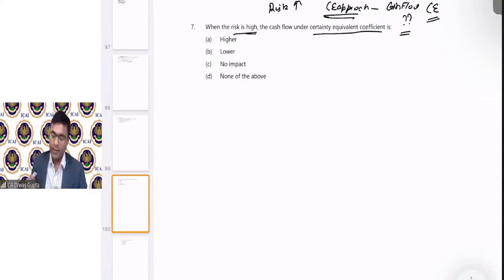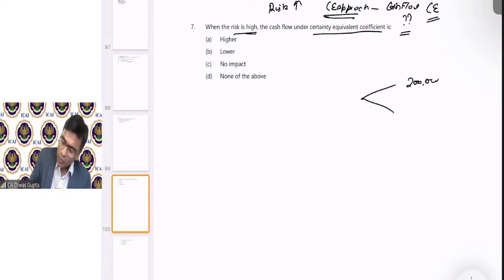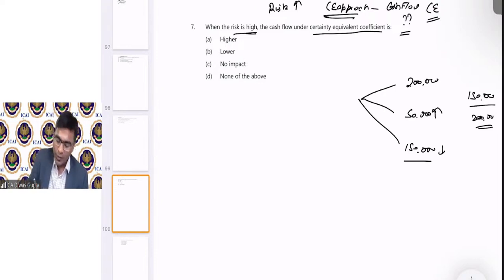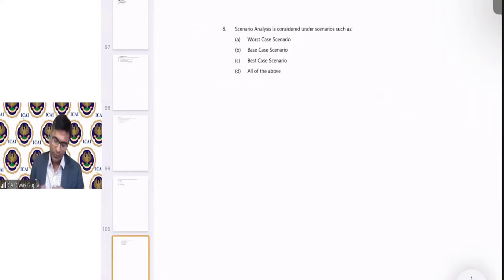So in that example that we studied, 2 lakh was the total cash flow. 50,000 we assumed to be the risky cash flow, and 1,50,000 was the guaranteed cash flow. So the CE coefficient was 150 by 2 lakh, right? So if you increase the risky amount, the guaranteed cash flows will come down. So that is what the question is. So the correct answer is B. Which I think most of you got correct.